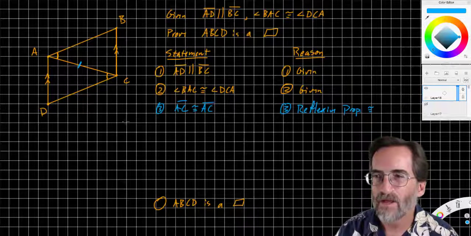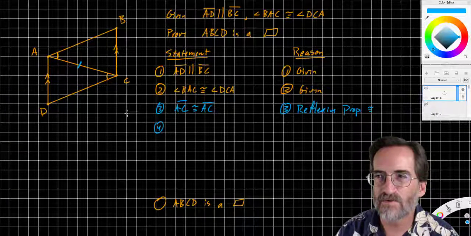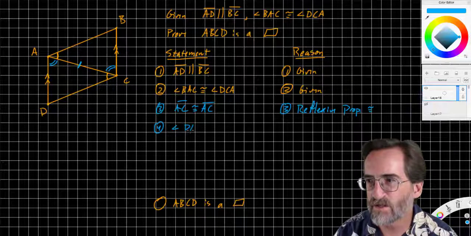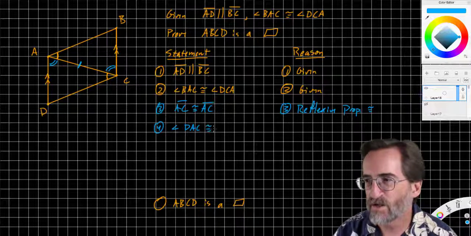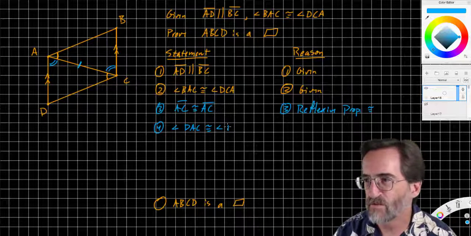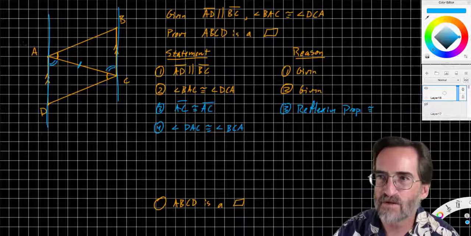All right? And statement 4 is going to say that angle DAC has got to be congruent to angle BCA. And the reason is these are parallels crossed by a transversal.